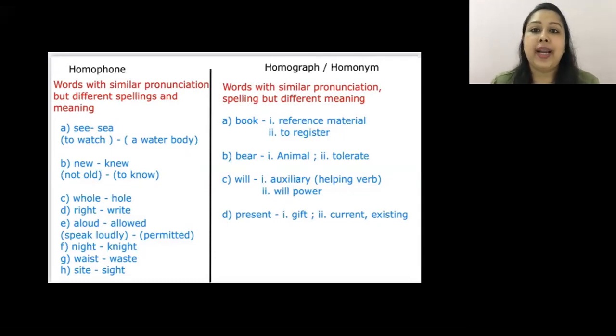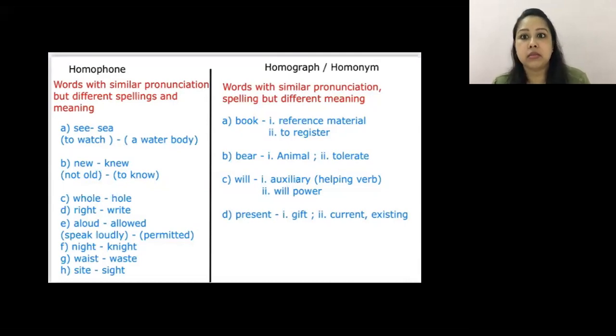Very good. Next one, you have whole and hole, entire, whole, a small hole possibly. Right and right. RIGHT could be direction, or it could be that you are fighting for your rights. Or right could also be correct.